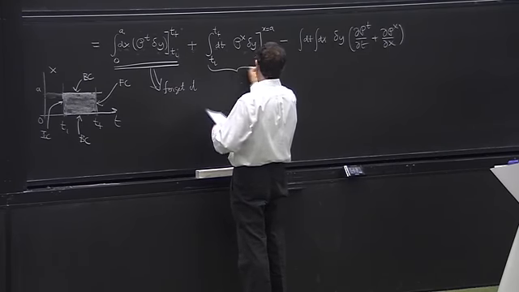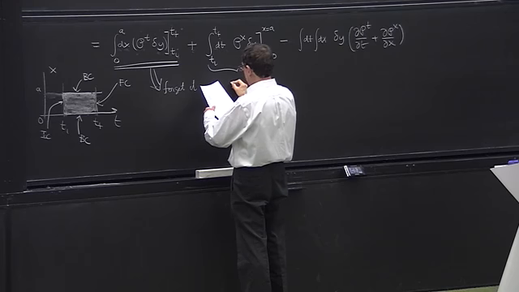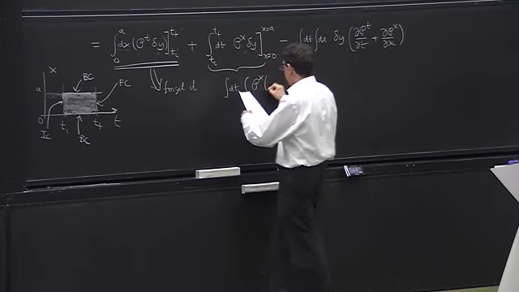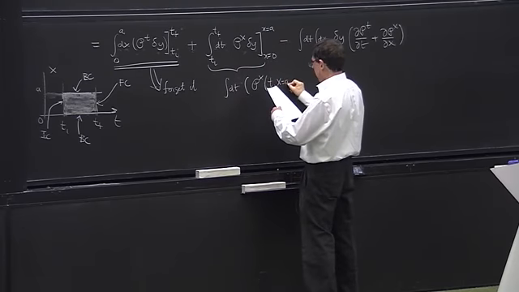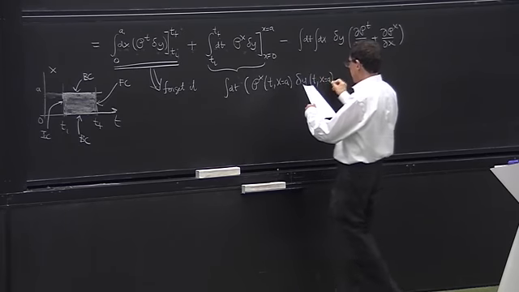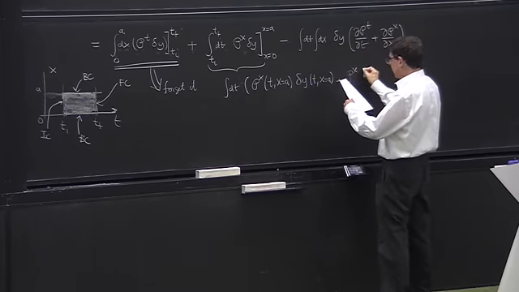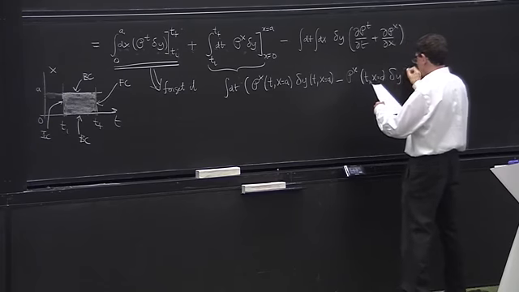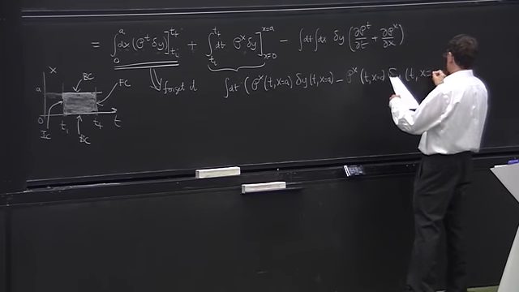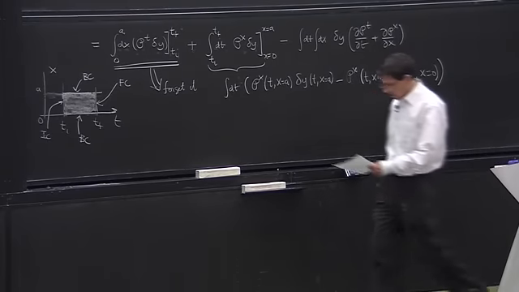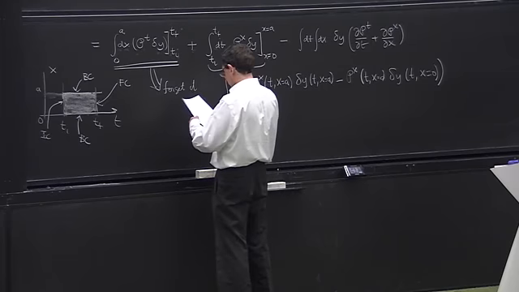The second term is the integral dt of px at t and x equals a, delta y at t and x equals a, minus px at t, x equals 0, delta y at t, x equals 0. That's all that term from ti to tf.